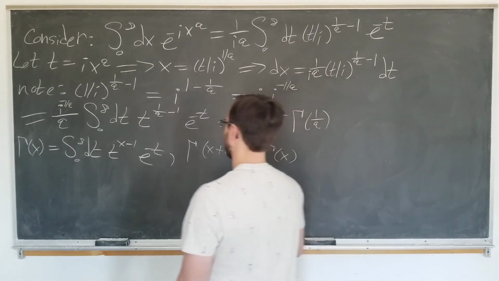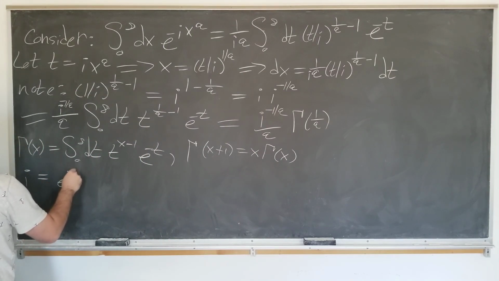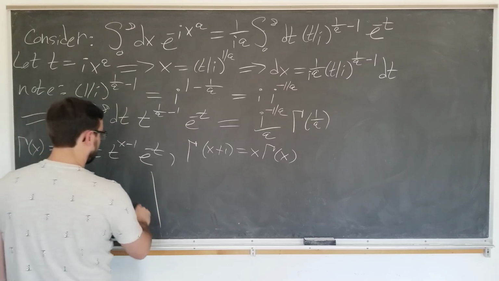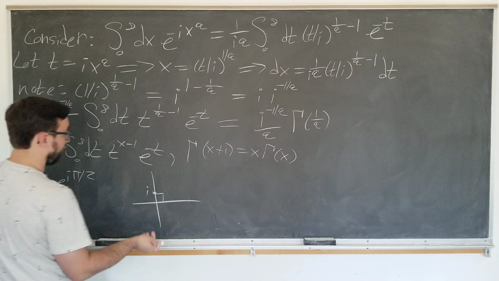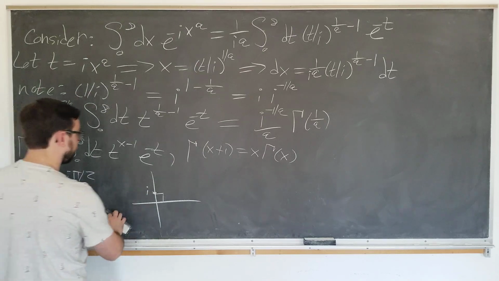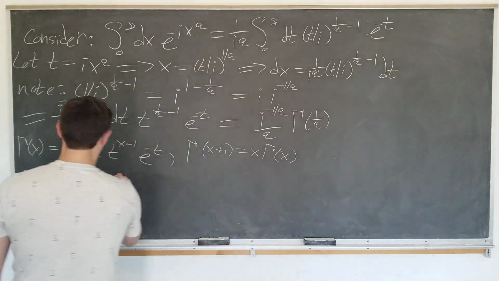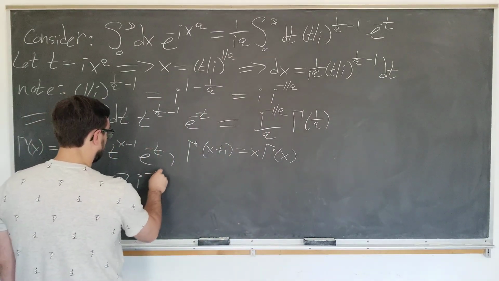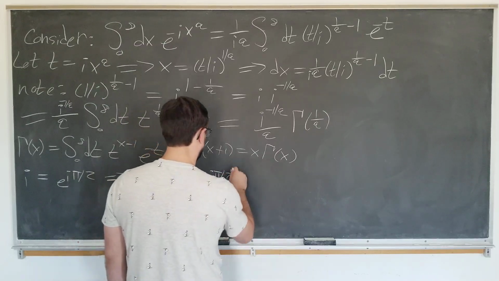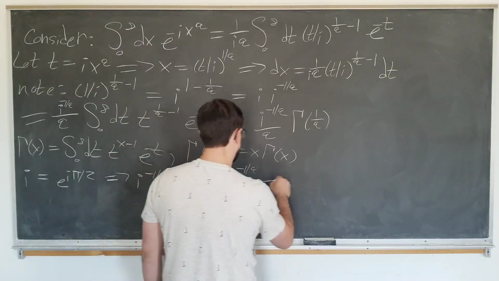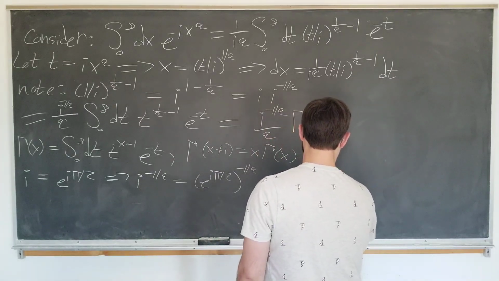And we're also going to use the fact that i is equal to e to the i pi over 2. You can see this by looking in the complex plane. A 90-degree angle corresponds to the point i, so that's all that means really. And this tells us that i to the minus 1 over a power is just e to the i pi over 2, to the minus 1 over a power, which can finally be expressed as e to the minus i pi over 2a.